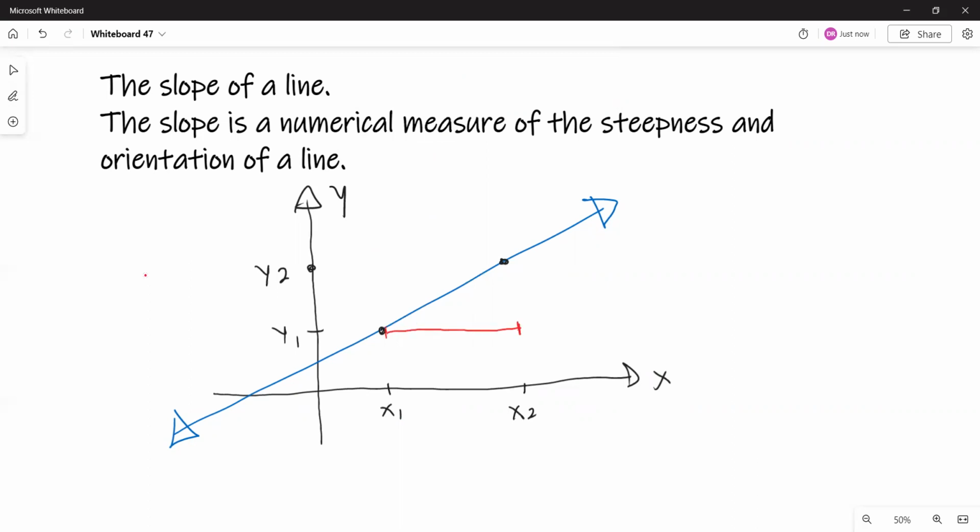This distance is going to be x2 minus x1. And the vertical displacement from y1 to y2. So the distance from y1 to y2 is y2 minus y1.